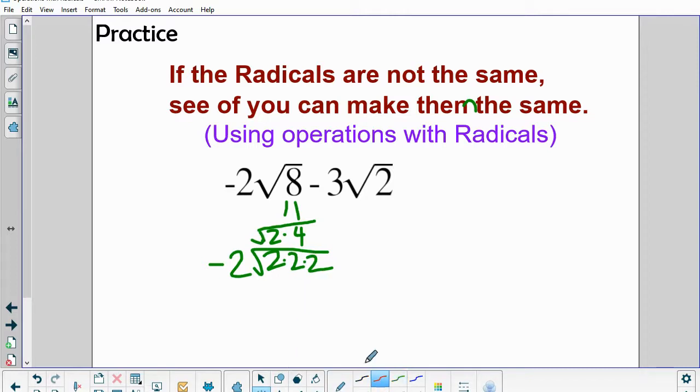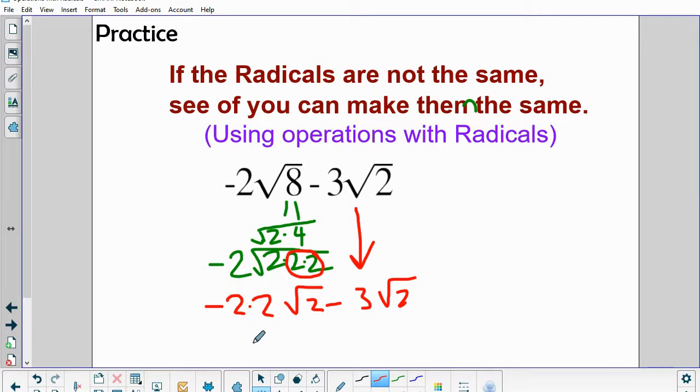So we circle one of those pairs of 2's inside that radical sign, remove it out. It's like taking the square root of this 2 squared. So we'll have negative 2 times the square root of 2, or times 2 with the square root of 2 left inside. So we've got this written in terms of a square root of 2 inside, minus 3 times the square root of 2 when we bring this down.